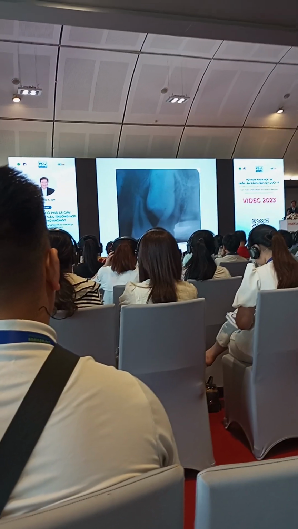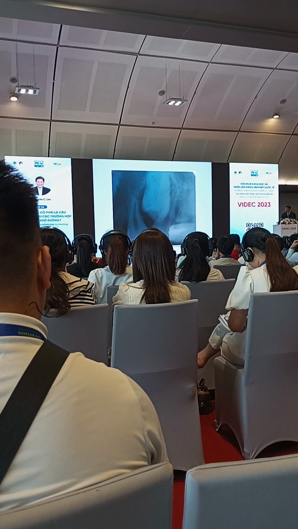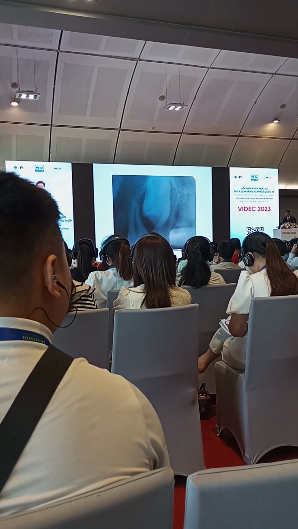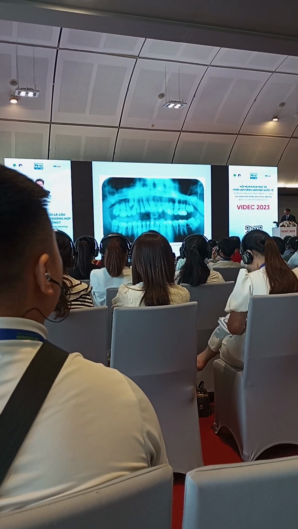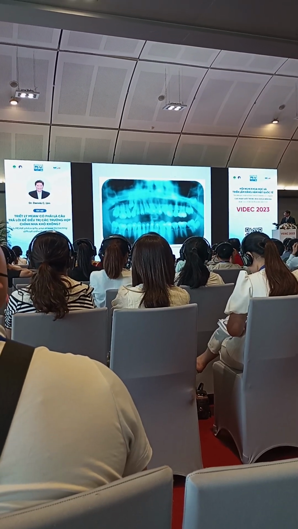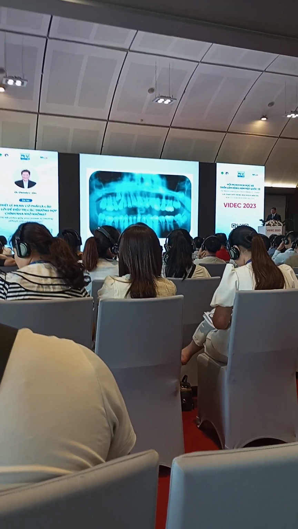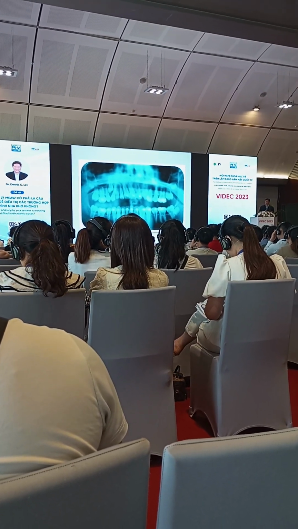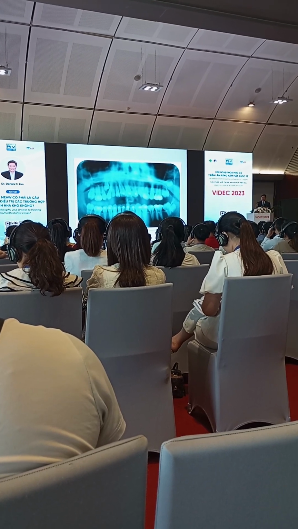It cannot be transposed. If I had the chance, looking at the panoramic, I would extract the deciduous canine, move the first premolar forward and then just extrude the impacted canine. You don't need to transpose it.